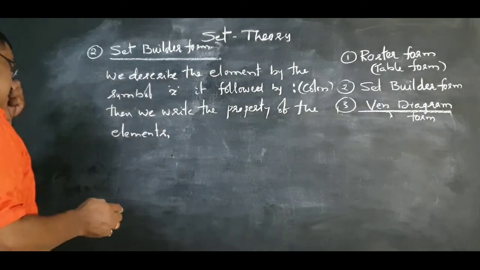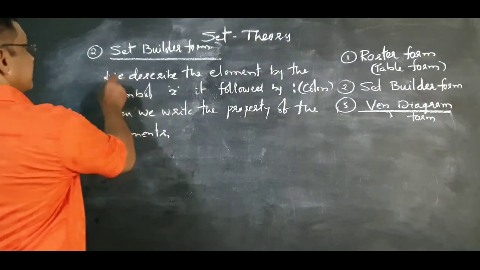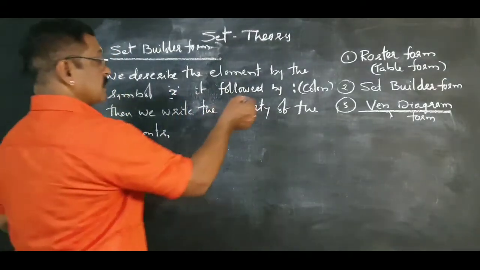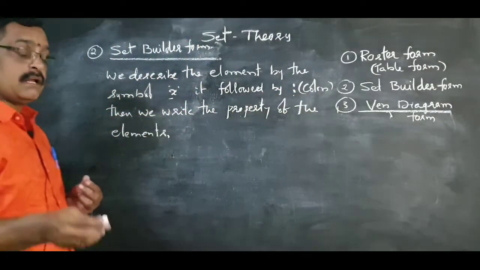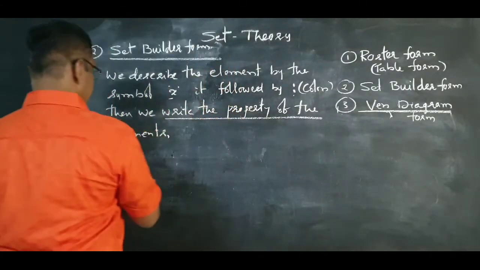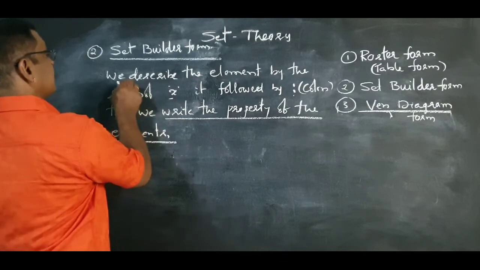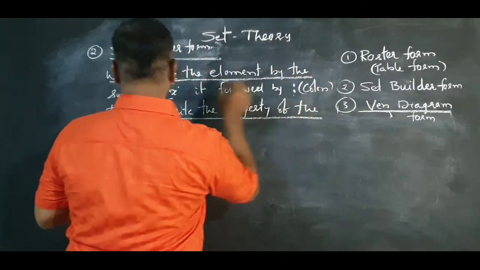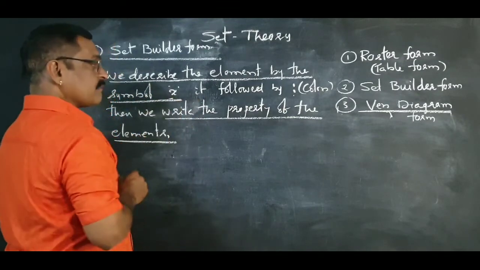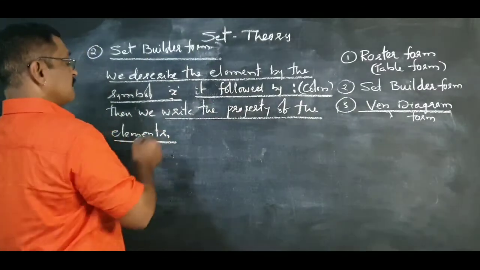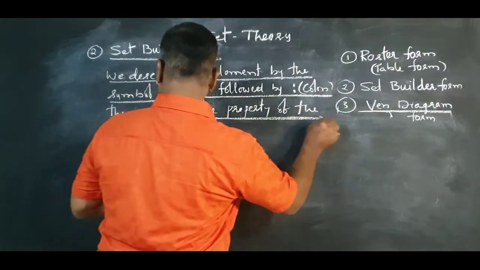So there are three things. Number one, describe an element by the symbol x. Number two, followed by a colon symbol. Number three, write the property of the elements.